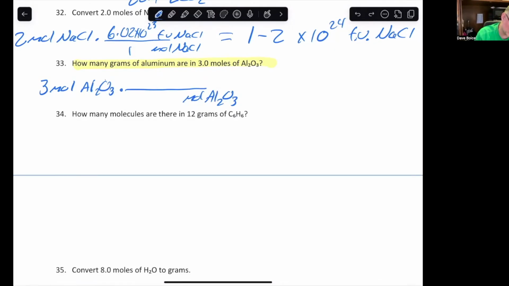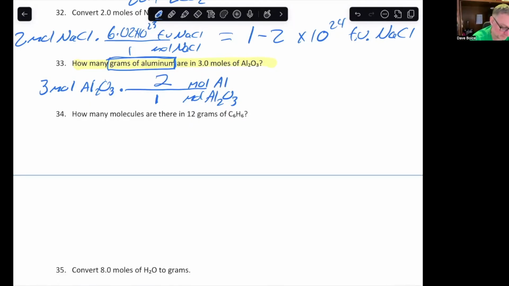What I want is grams of aluminum and not grams of aluminum oxide. So this one can be a little tricky. I've got moles of aluminum oxide, and for every 1 mole of aluminum oxide, I have 2 moles of aluminum. See what I did there?